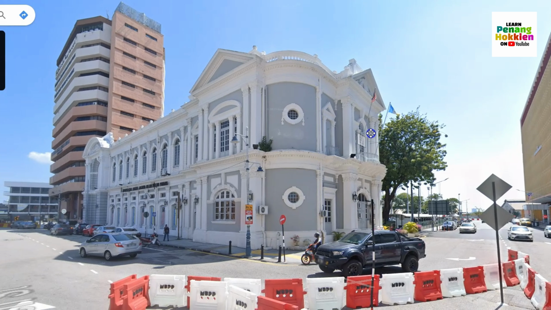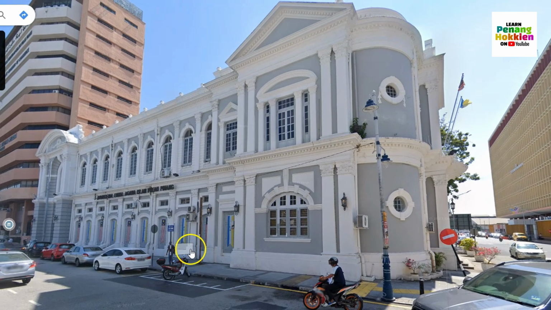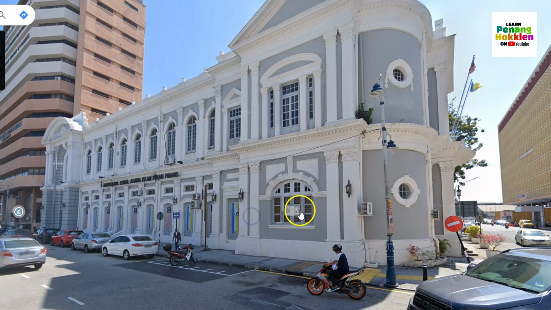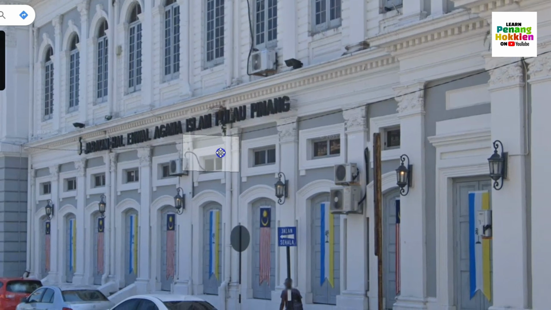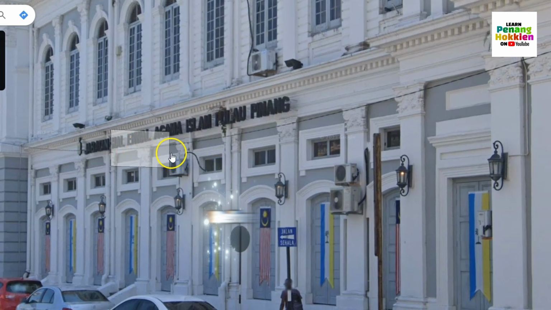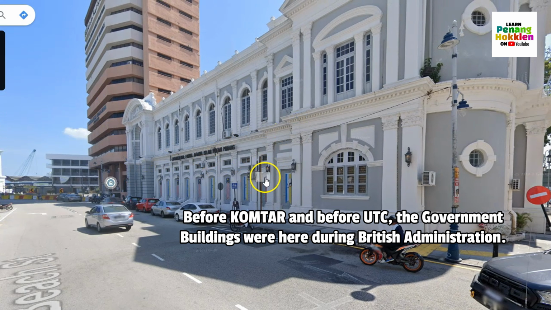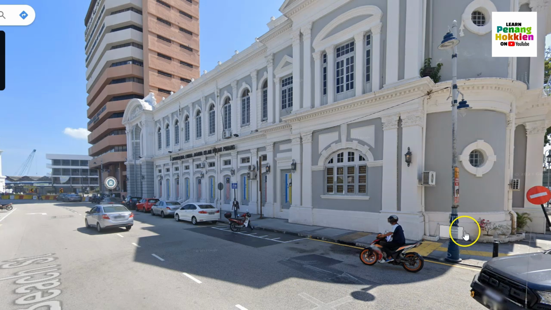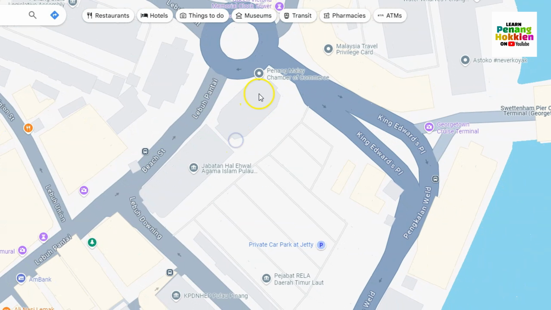And on this side these are government buildings. There is an ensemble of government buildings here, which today only this part is left, and this part is today the Jabatan Hal Ehwal Agama Islam Pulau Pinang. This section was built in 1891 to house the land office, and once upon a time the building wraps around like this.